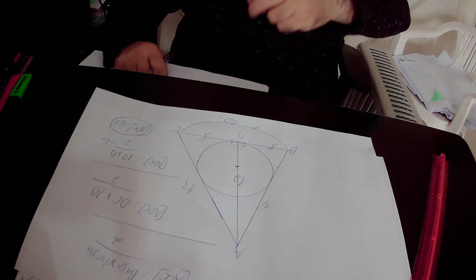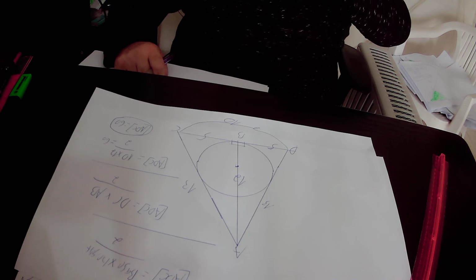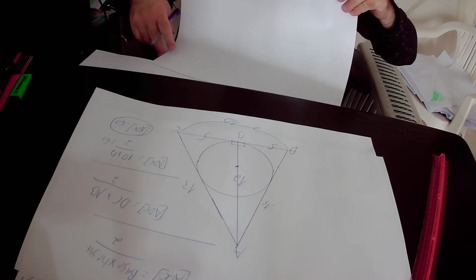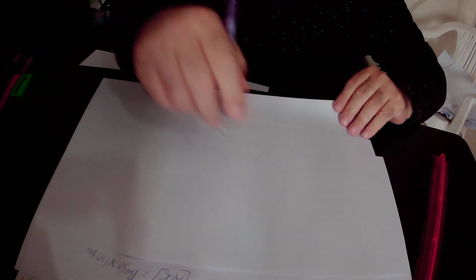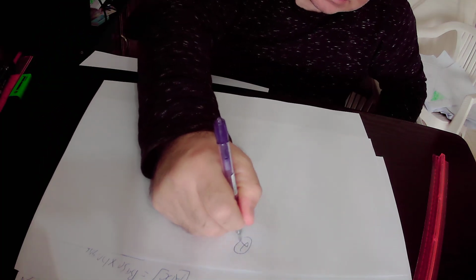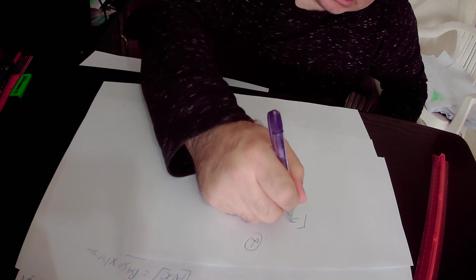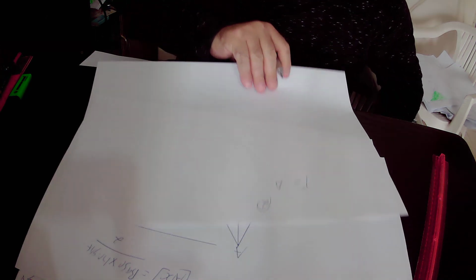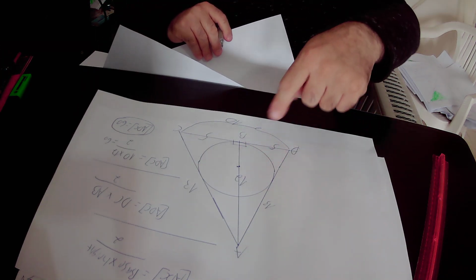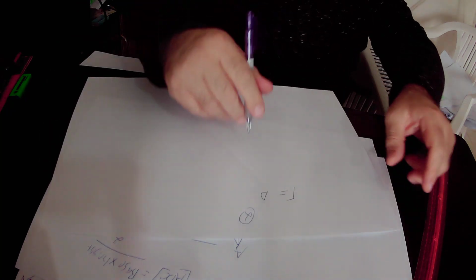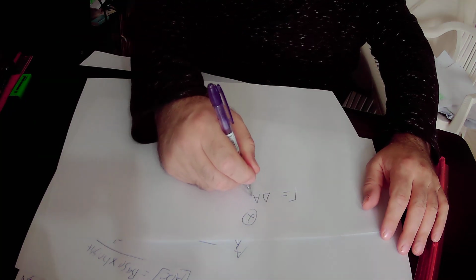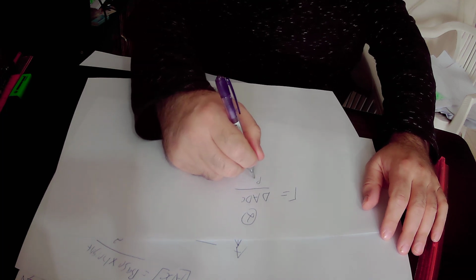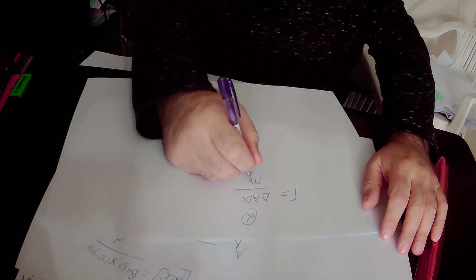So the radius of any circle that is inscribed in a triangle is equal to R, the radius, equals the area of the triangle that encloses the circle. In this case, triangle ADC encloses this circle, so it is the area of triangle ADC that we have already found is 60 square units, over the semi-perimeter of triangle ADC.